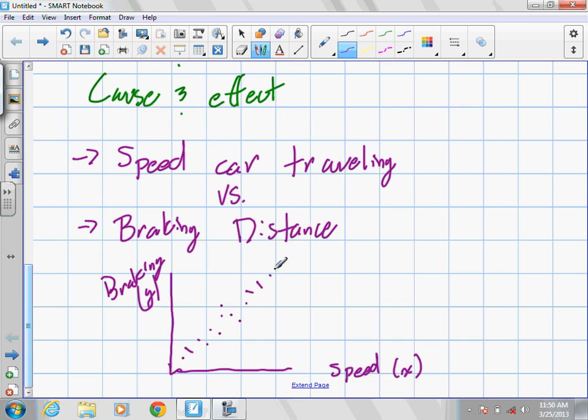Again, this is considered a positive relationship, and it's probably very strong. And this would most likely be a cause and effect relationship. The faster the car is going, the longer it takes to brake, right? Just as simple as that. Because I'm going faster, it's going to take my car much longer to slow down, no matter how good my brakes are. Okay? So that would be an actual cause and effect relationship.